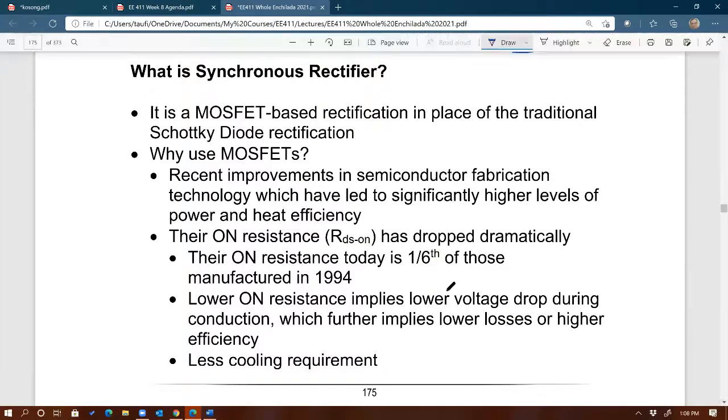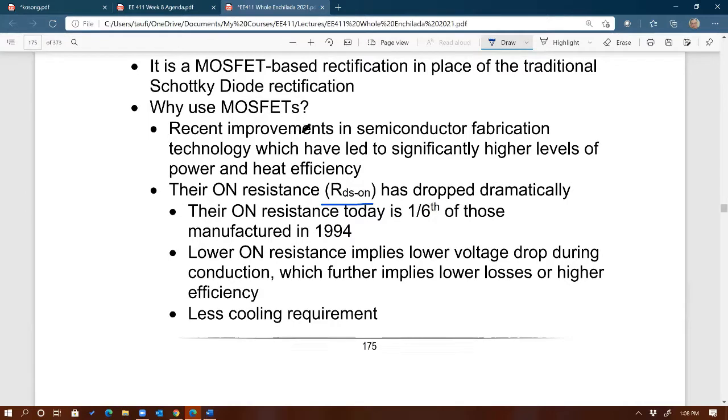The reason being, a MOSFET has a small RDS(on), and that causes the drop across the MOSFET to be much lower than a Schottky diode, right? So that is what the synchronous method is. You're replacing the diode with a MOSFET.